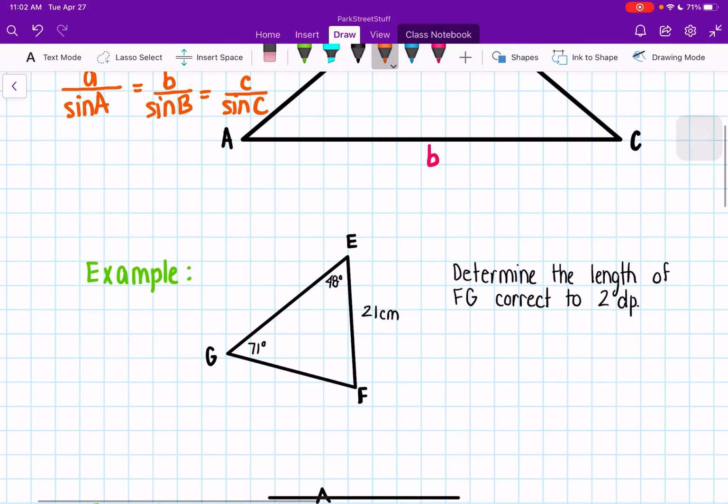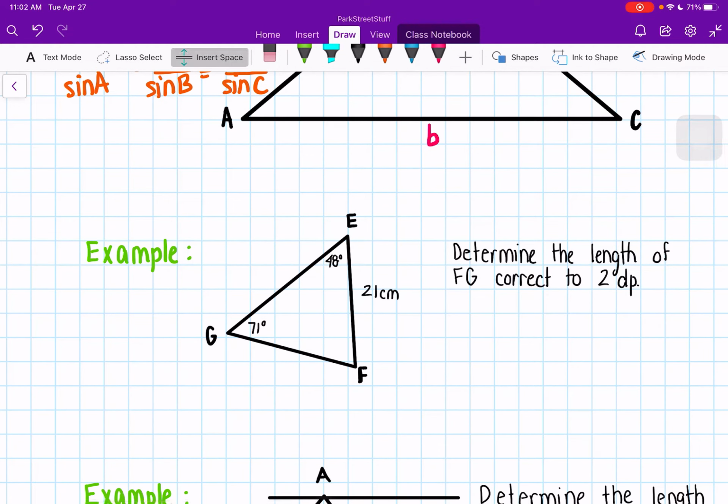So in this example here, we've got our triangle EFG and we want the length of FG. So I'm just going to highlight that length so you can see what we're looking for. We want that one over there. Okay, so we want FG correct to 2 decimal places.